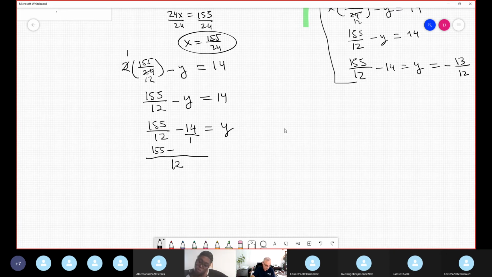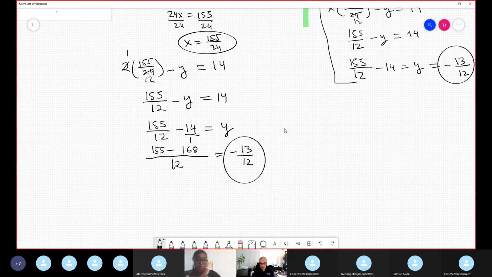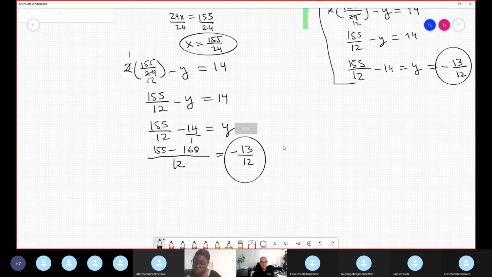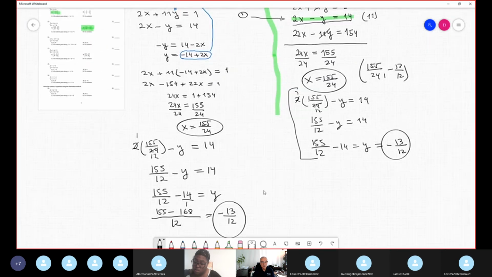Okay, it's 168. And when you're subtracting 168 minus 155, the answer 13, of course, is negative. Negative 13 over 12. It's exactly the same answer that we got. So I do not realize what the mistake was, no?